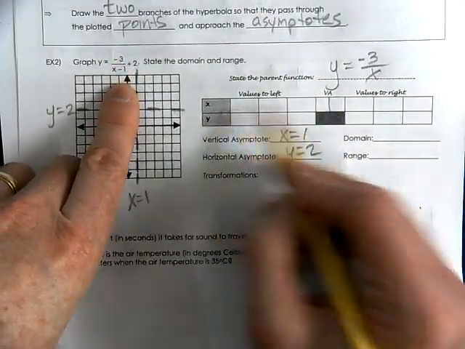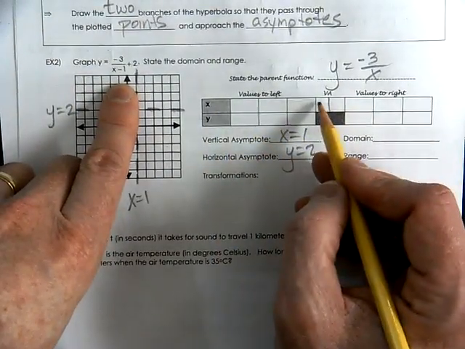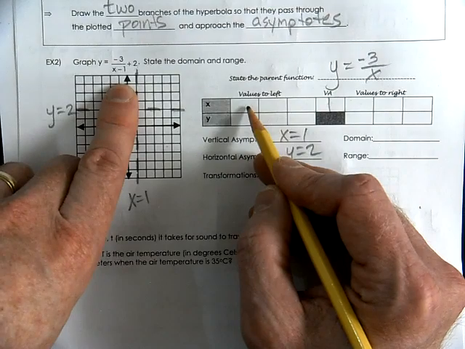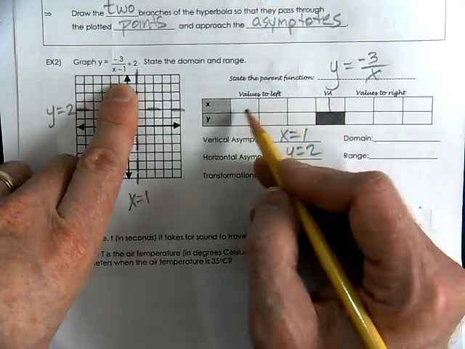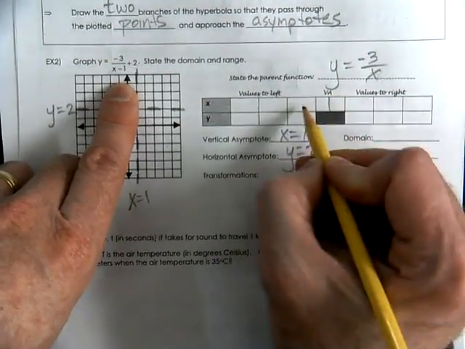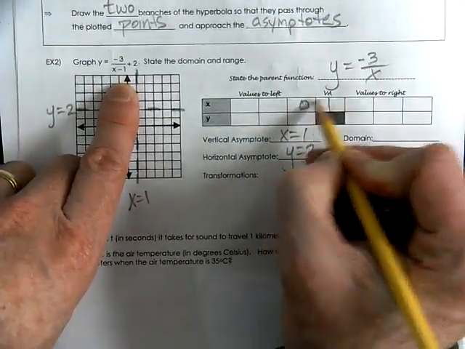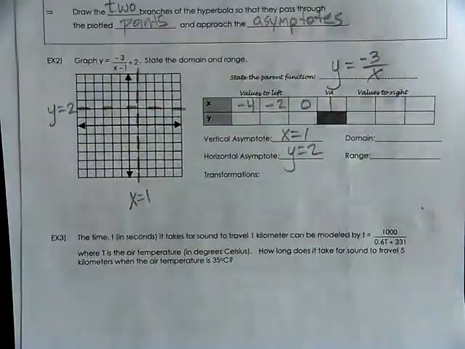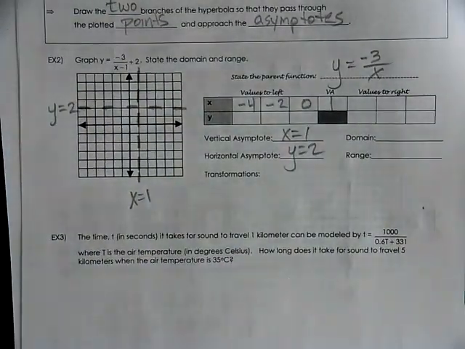So you can pick any numbers to the left. Some people would pick 0, -1, -2. Okay, that would work. I like to spread it out a little bit more. 0, -2, -4. Spread it out as much as you can.